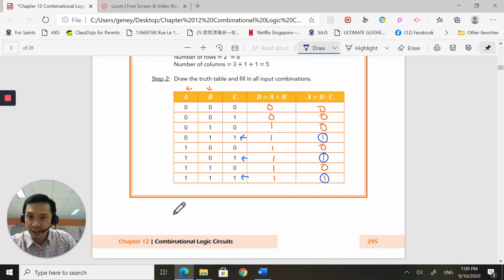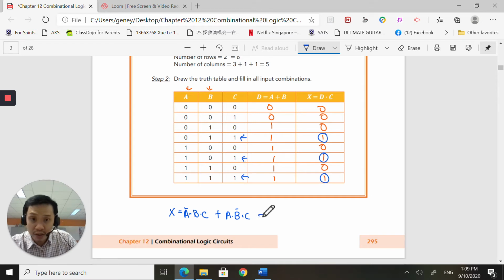So X is true if A complement and B and C happens, right? If A is 0, B is 1, C is 1, X will be true. Or A and B complement and C happens.